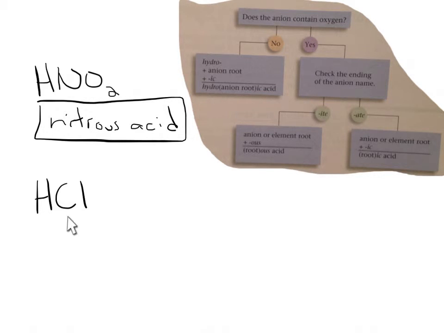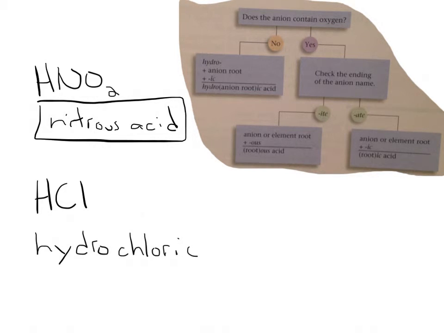So then, let's take a look at this one, HCl. Does the anion contain oxygen? No. So now, you put hydro at the front, and then you add an ic ending. So the way it would work, this would be hydrochloric.